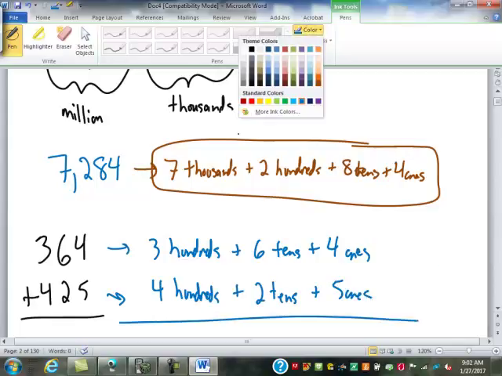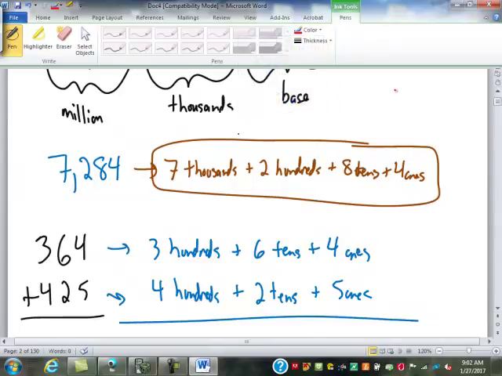With the numbers written out in this full form, it's easy to see, or it's easier to see, that each digit actually is a count and a name. This isn't just a 6, it's 6 tens.